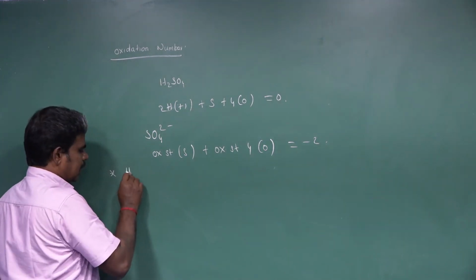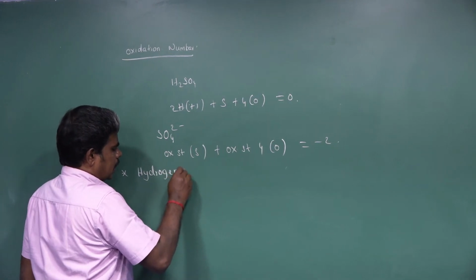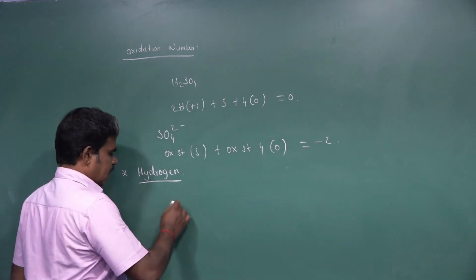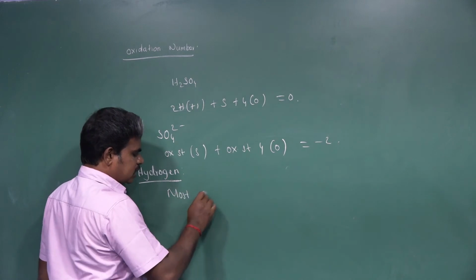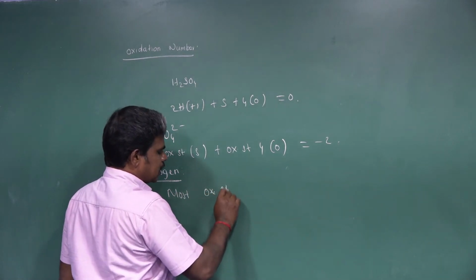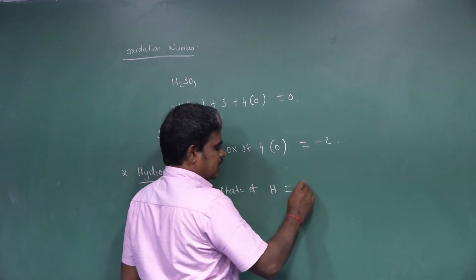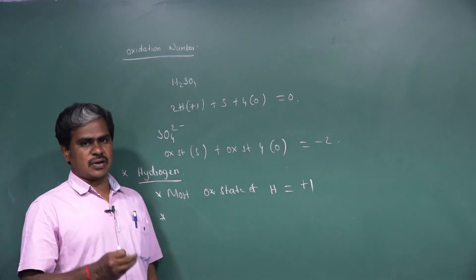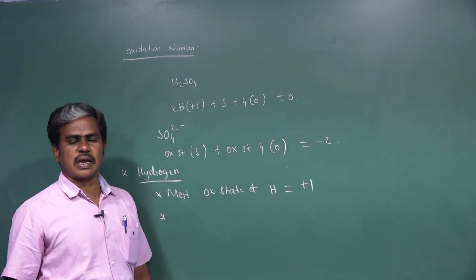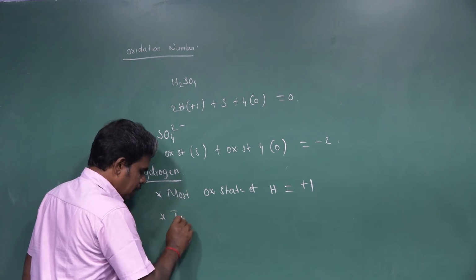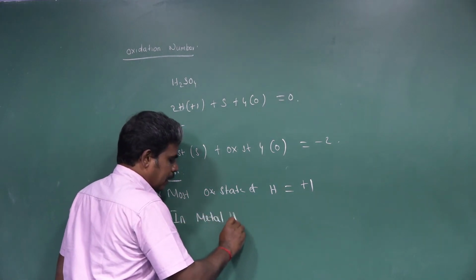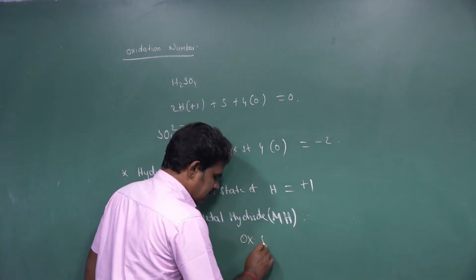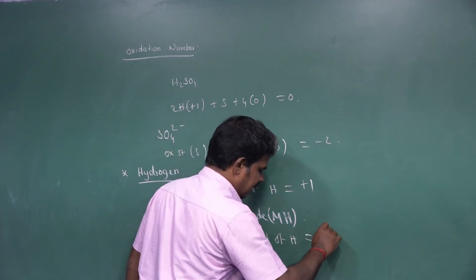Now we are taking hydrogen. For hydrogen, in most cases, the oxidation state of hydrogen is taken as +1. It has an exception in metal hydrides, where the oxidation state of hydrogen is taken as -1. So in a metal hydride, that is MH, the oxidation state of hydrogen is taken as -1.